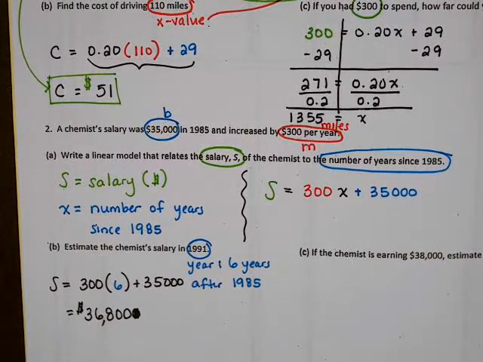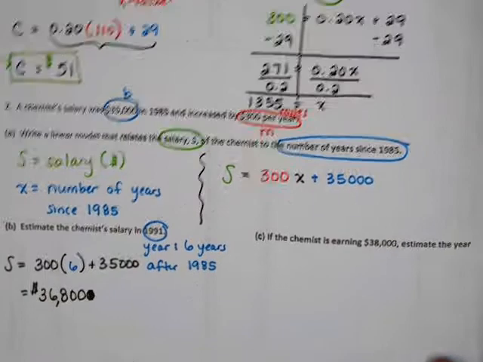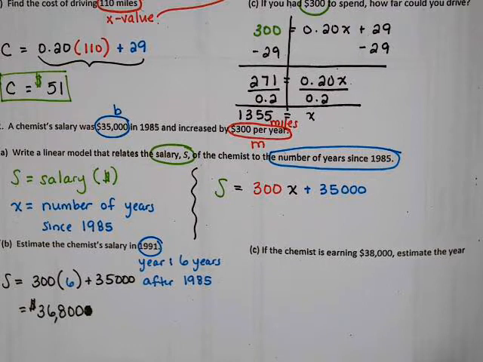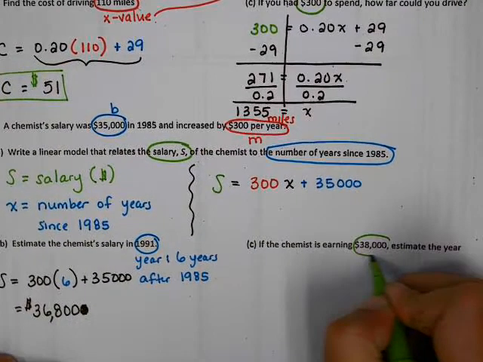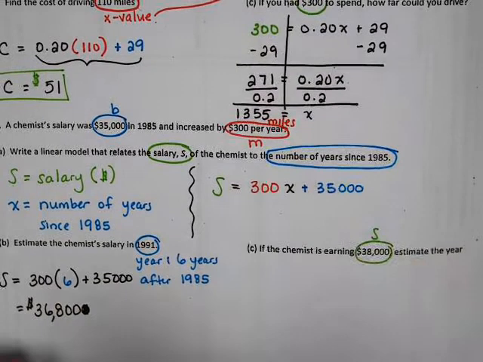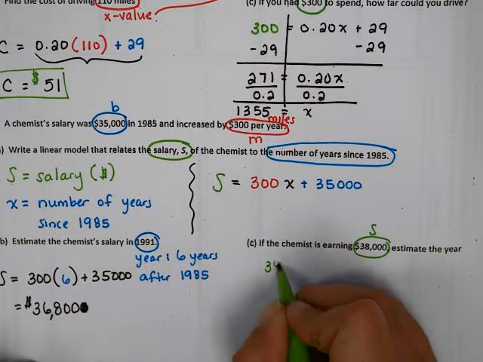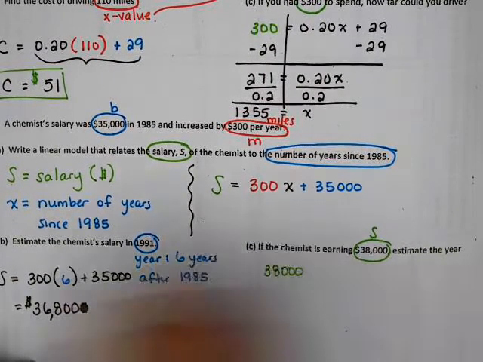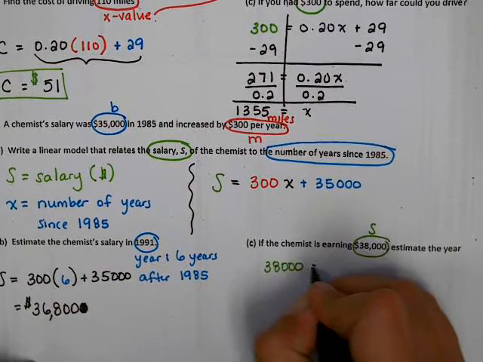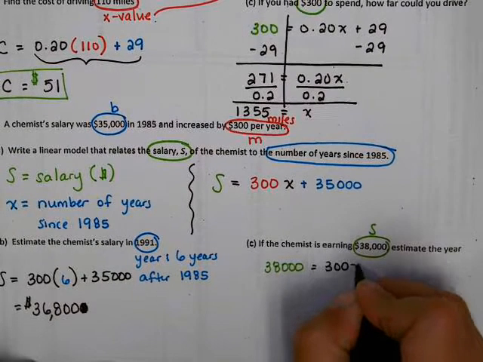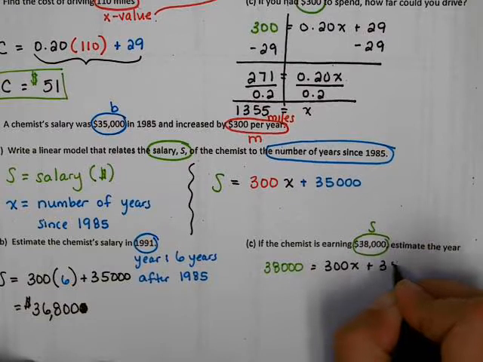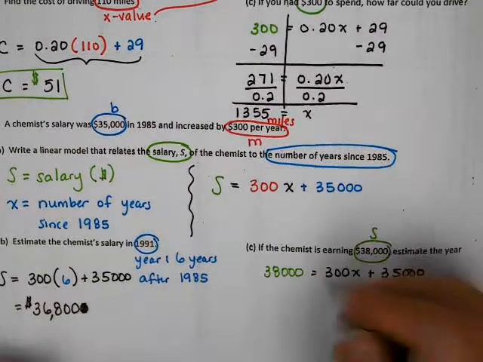It says if the chemist is earning $38,000, estimate the year. So if I know that the salary is $38,000, what year is it? So I would say 38,000 equals 300x plus 35,000.